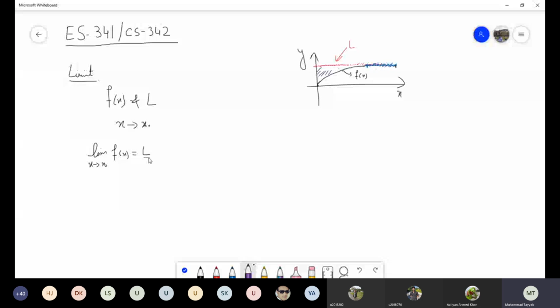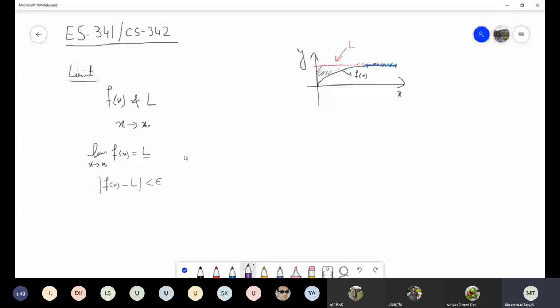If I simplify this definition of the limit, I will say that the absolute value of f of x minus the limiting point L must be less than epsilon. The epsilon is basically the difference between the curve of the function f of x and the limiting line L.